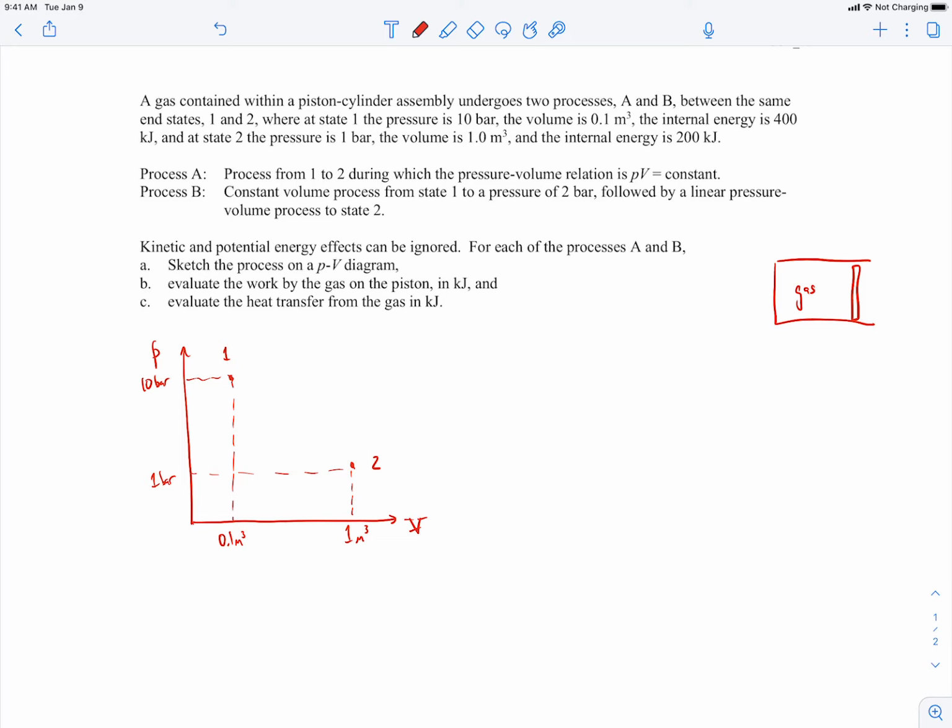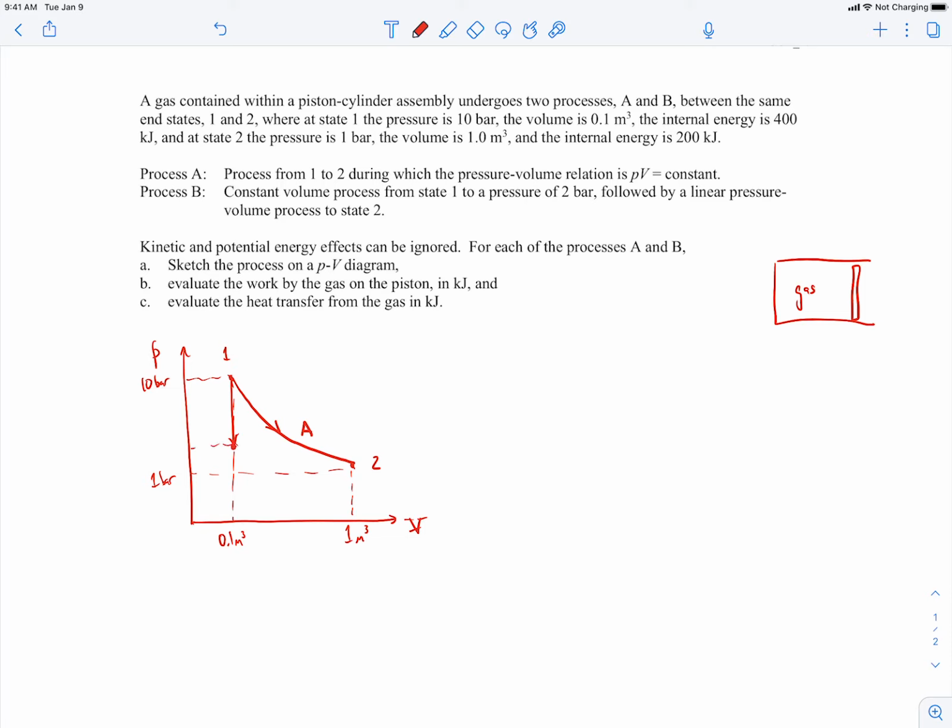So path A, or process A, we're told follows this PV equals a constant relationship. So that'll look something like this. Okay, so that's path A. And then path B, or process B, we're told it's a constant volume process from state 1 to a pressure of 2 bar. So that'll go down like this.